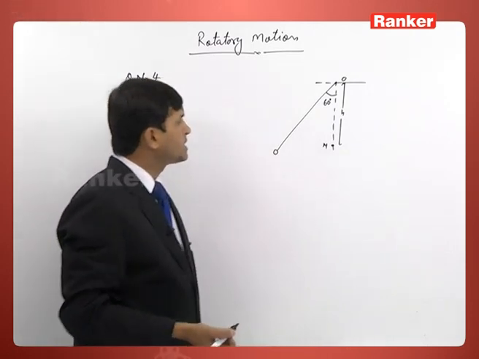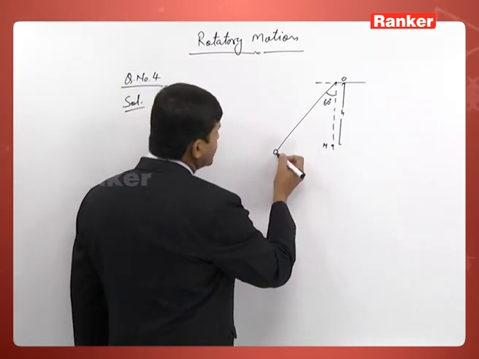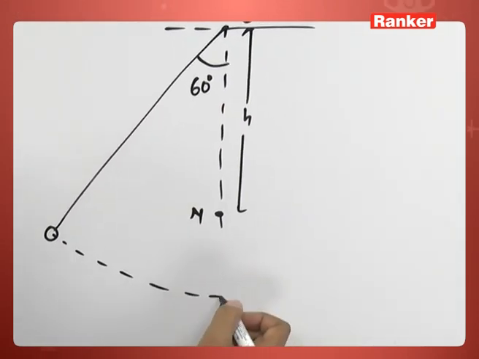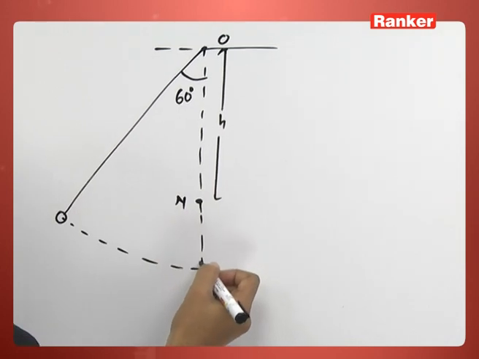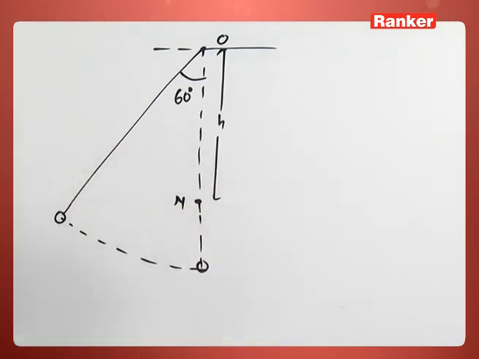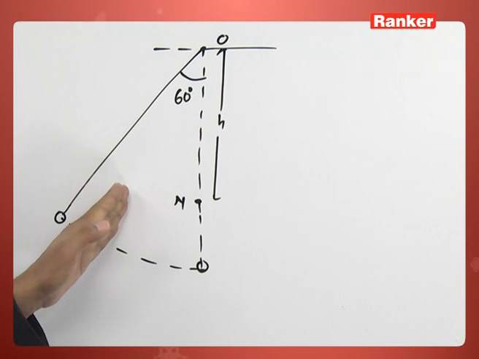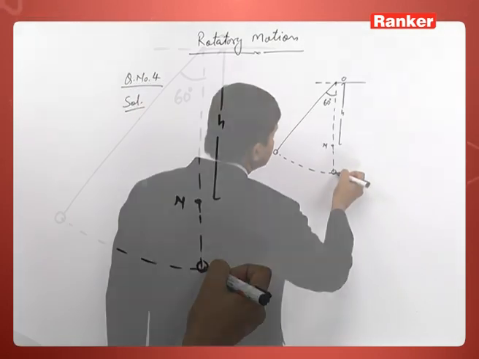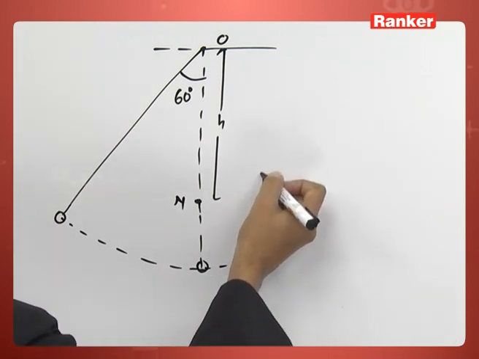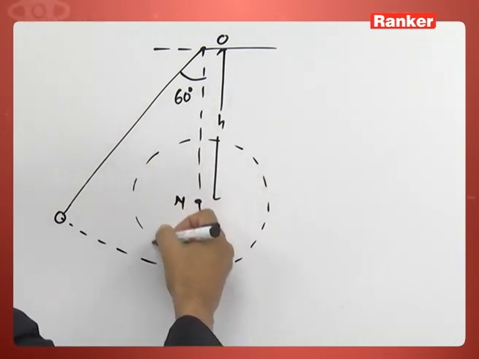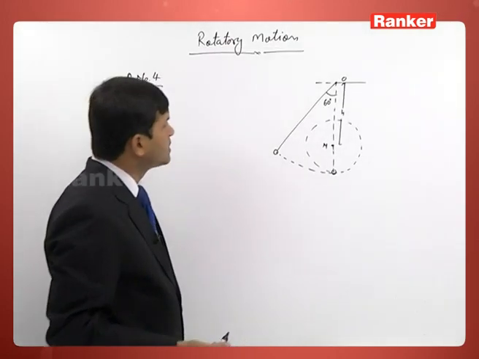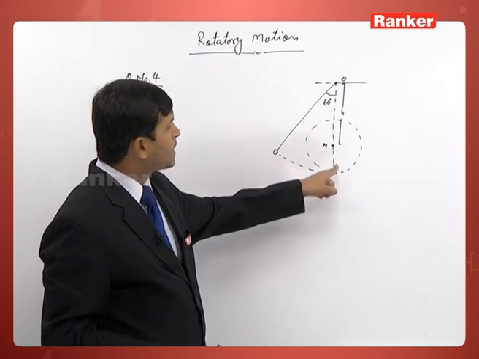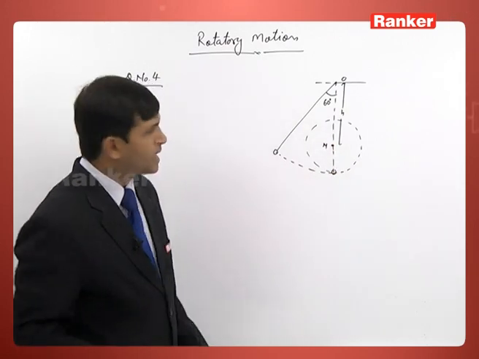So as soon as the bob comes here like this, the thread of the pendulum hits the nail, and then its motion is circular about the nail like this. So they are asking what is h, so that it can just complete the circle.